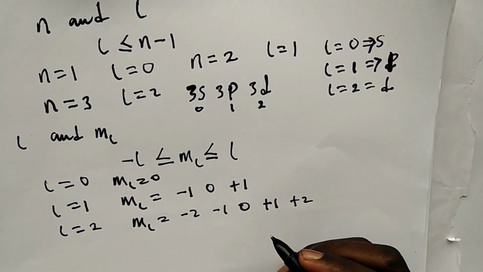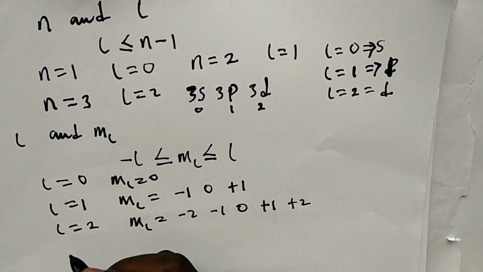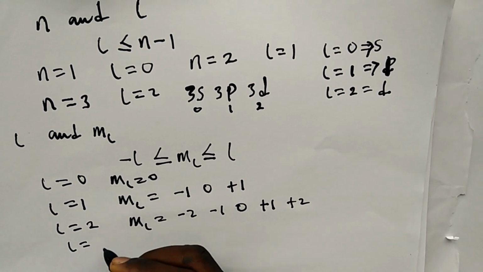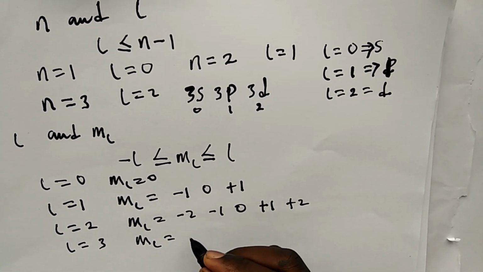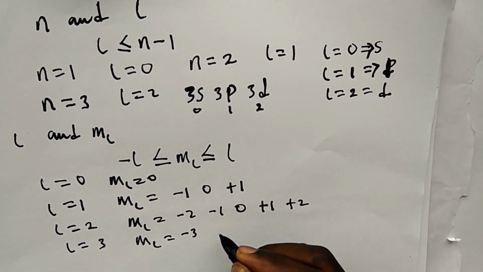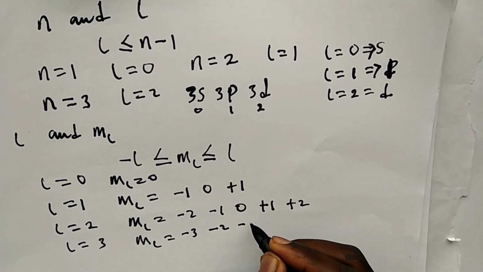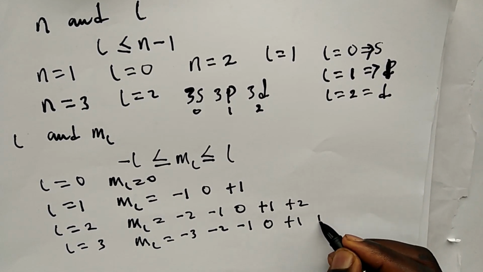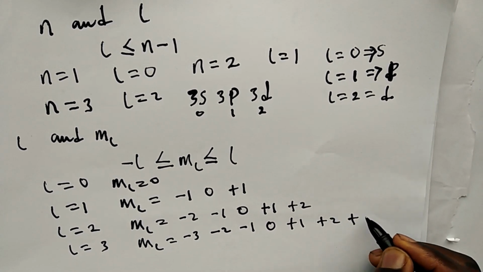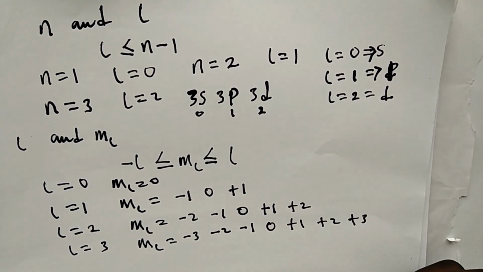When L is equal to 3, ML is equal to minus 3, minus 2, minus 1, 0, plus 1, plus 2, plus 3. So this is the relationship between ML and L.